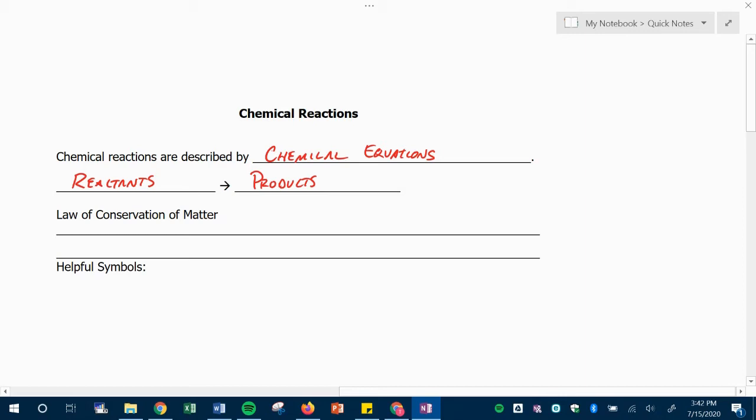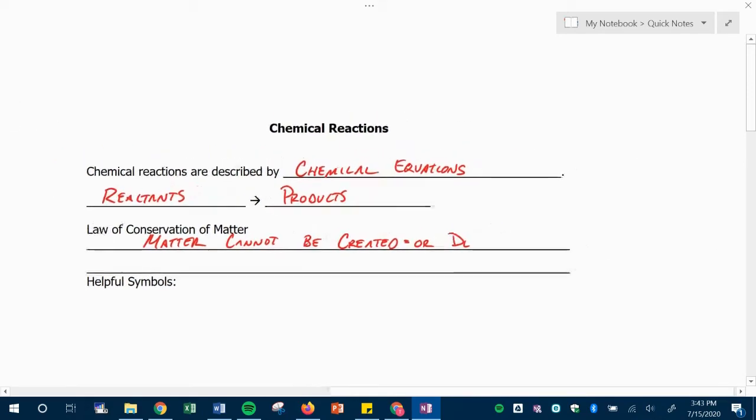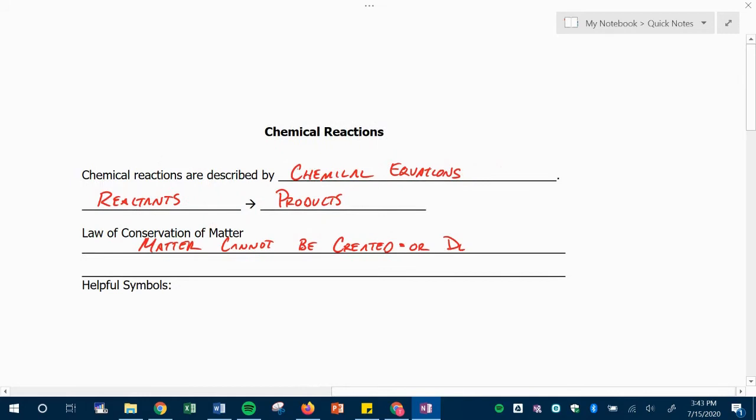the reaction. Now, another important thing is called the law of conservation of matter. And you guys have probably heard this before. The law of conservation of matter says matter cannot be created or destroyed. So you guys have probably heard that one, or the energy one, which is essentially the same.